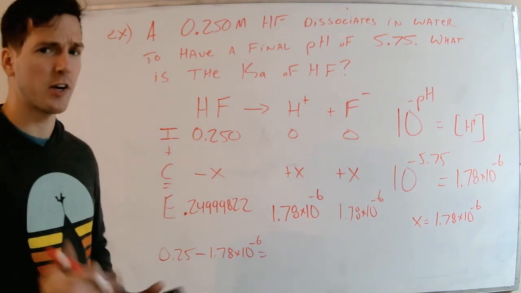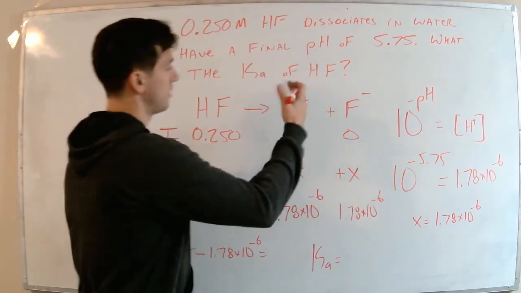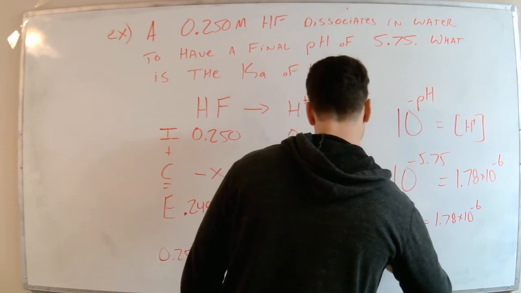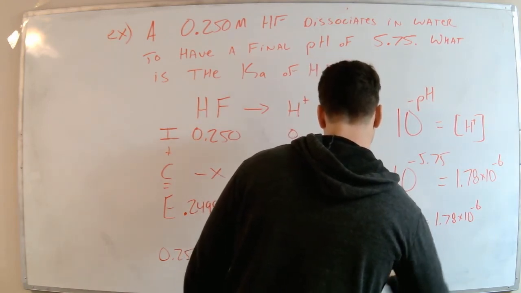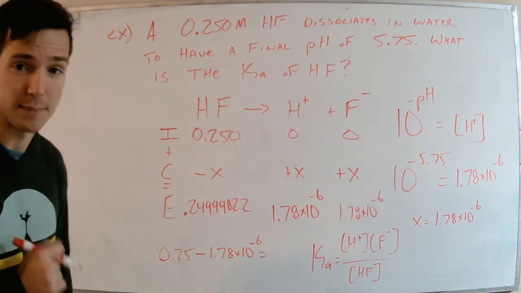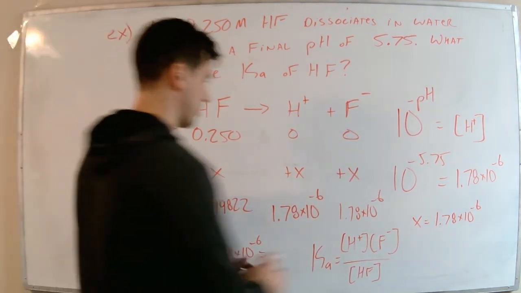Let's go ahead and write our equilibrium expression and plug in what we know. H plus on top, right? F minus on top as well. And concentration of HF on bottom. Now let's plug in what we know, all those equilibrium concentrations, right?